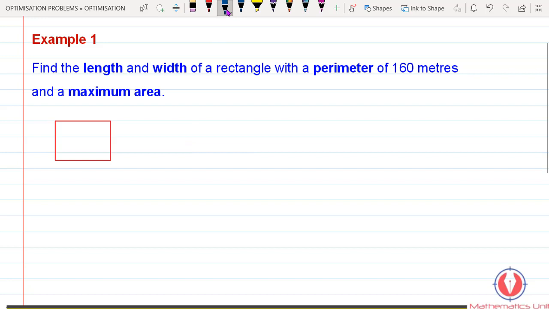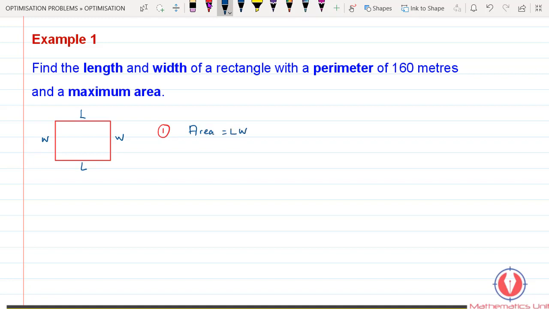Two of the sides will be equal, so let's say this one is L, this one is L. The other two sides will also be equal and we call that W. Now we are trying to maximize the area, so the first step is to find the area equation. Area is equal to the length multiplied by the width.